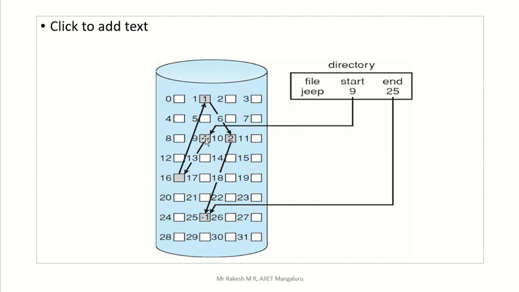Then 9 itself contains file information, plus a small amount of the file data can be stored in 9, and the remaining data we can store anywhere else. But wherever we store it, those block numbers we have to mention in the first block.